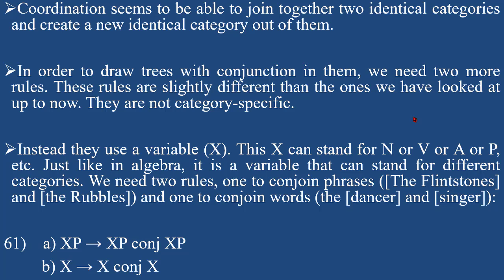So in order to draw trees with conjunctions in them, we need two more rules. These rules are slightly different than the ones we have looked at up to now. They are not category specific. So instead they use a variable X. This X can stand for a noun or a verb or an adjective or a preposition. Okay, just like in algebra.